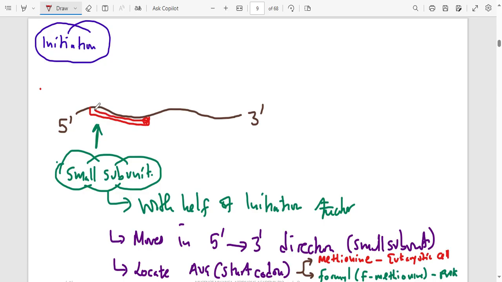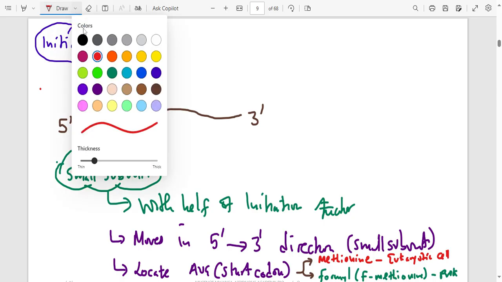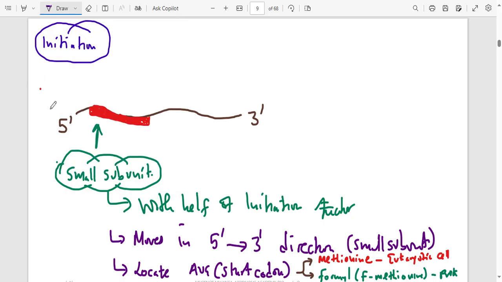And we said this is our small ribosomal subunit there. So what is going to happen is that we have read, remember, AUG. Say AUG is here. So when we read the AUG, we are going to bring in a tRNA.